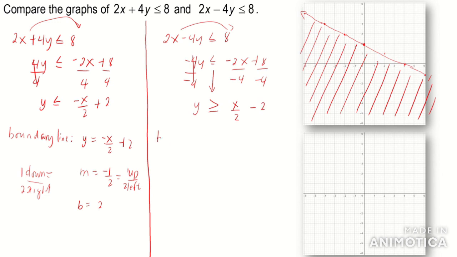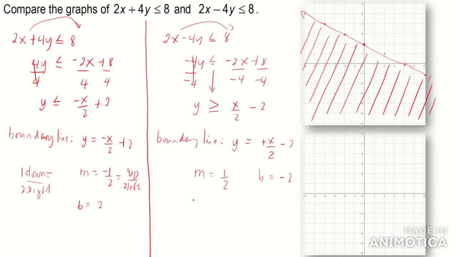So our boundary line equation is y is equal to positive x over 2 minus 2, where our slope is equal to 1/2. It's different now from the previous equation's slope, which was negative 1/2, and our y-intercept is negative 2.